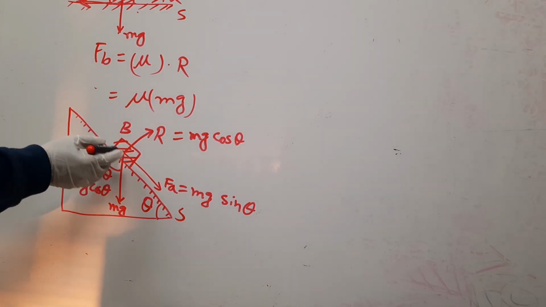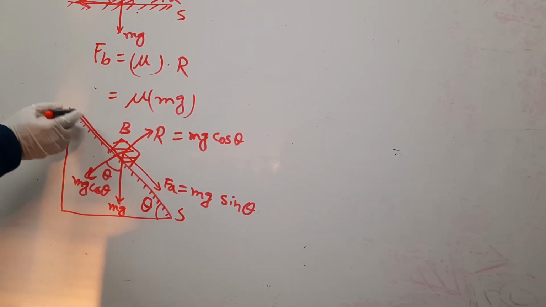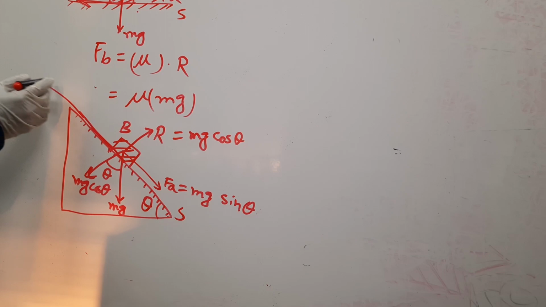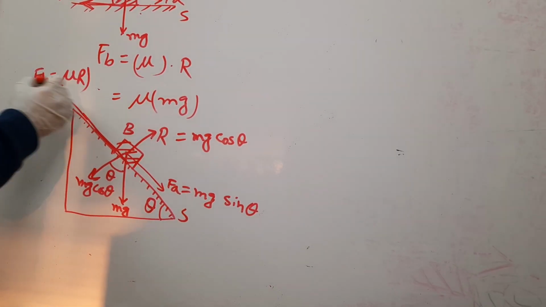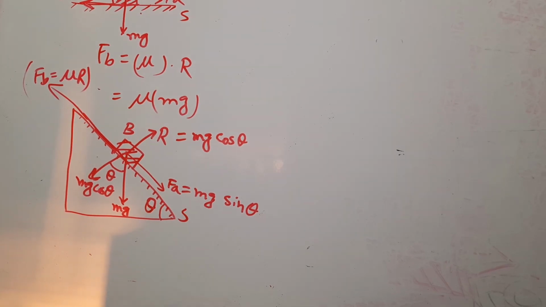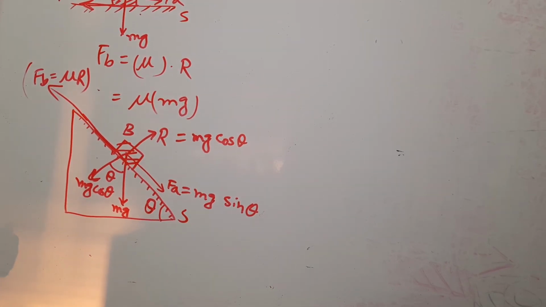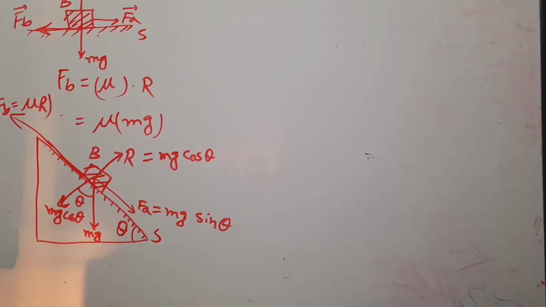Fine. We know that the frictional force acts parallel to Fa but in the opposite direction, and Fb equals mu times R, from the above relationship.